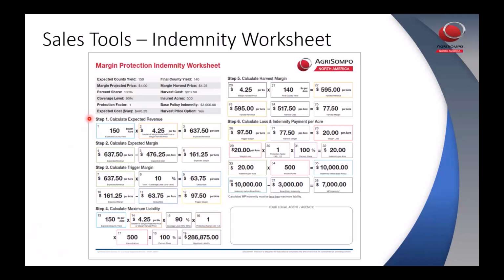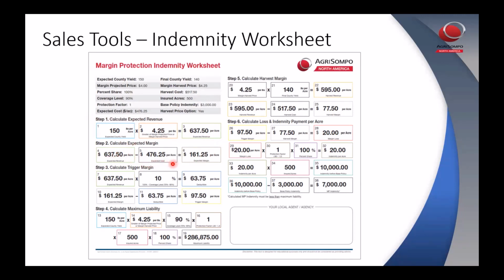How does this work? Yeah, and as we identified in this video and the prior, it's really just all math. It's just that we have more formulas than we used to. But again, the first step is going to be getting your expected revenue, which is going to be the expected county yield times the projected price, and that locks in the expected revenue for the county. Then we're going to take our revenue from step 3, and then we're going to subtract the expected cost.